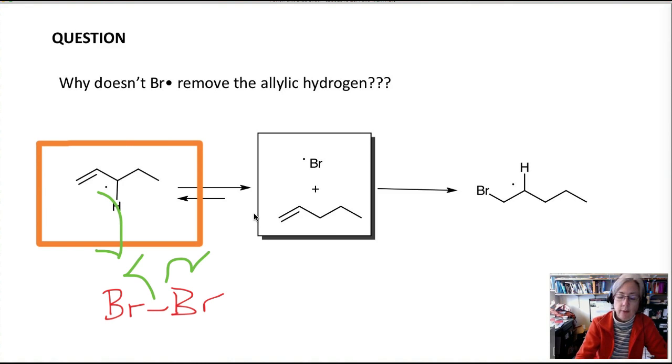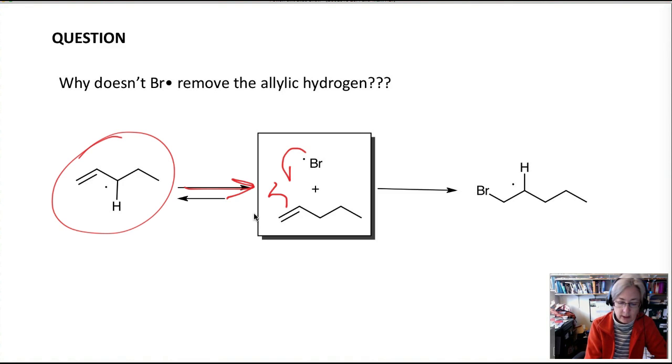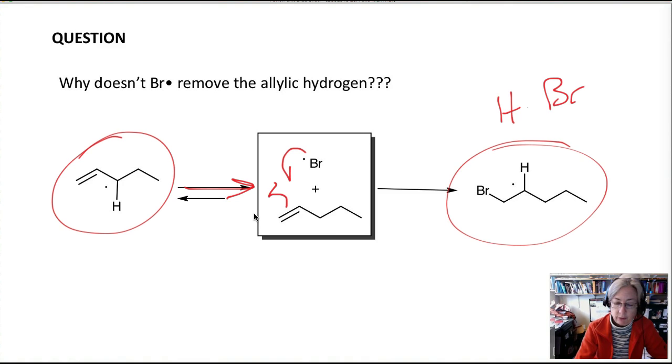There is no Br2 present in the HBr addition, the Anti-Markovnikov addition of HBr to an alkene. So in the absence of any Br2, this allylic radical is just in equilibrium with the Br dot and the alkene, and again, eventually that happens to give you this, and as soon as that secondary radical is formed, H-atom abstraction happens very quickly to give you the Anti-Markovnikov product.